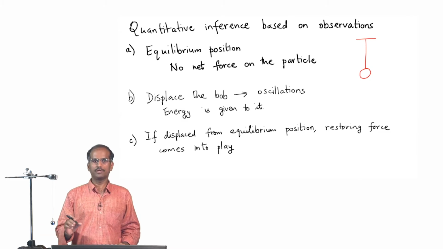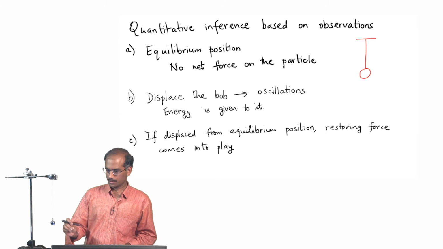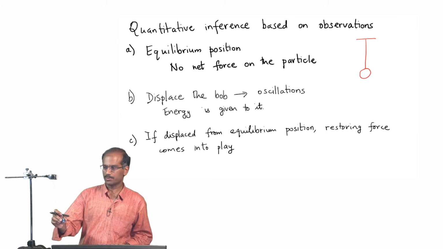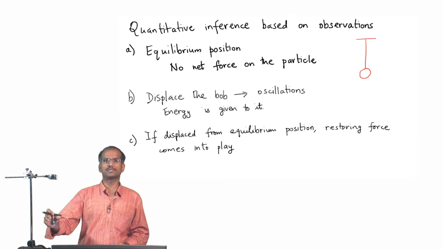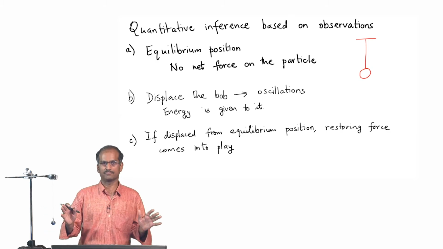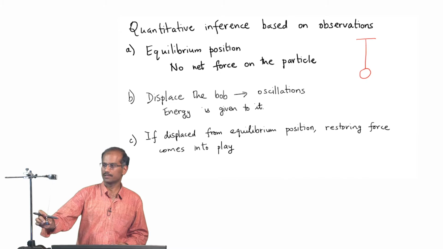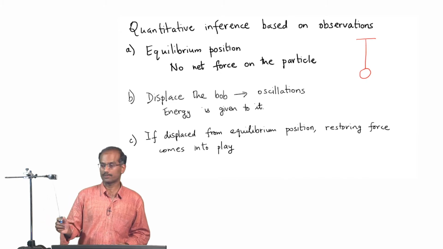And most crucial for what we are going to talk about now is the fact that until I make this small displacement and give it some energy, it does not really try to come back to where it started from. So, equilibrium position is where it is comfortable sitting when nothing else happens, and if I move it to either of these sides, this side or this side, it tries to go back to the equilibrium position.